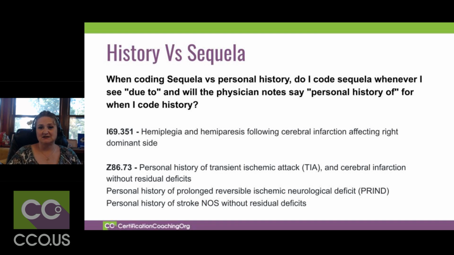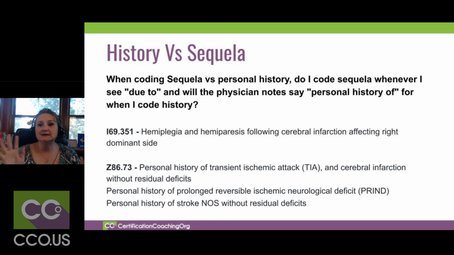And one of the late effects that's common is to have hemiplegia or hemiparesis, meaning one side, hemi or half of the body, is paralyzed or weakened, because the side that the bleed is on, or the lack of oxygen, affects the opposite side of the body. So if you have a bleed or a stroke on the right side, the left side will be affected and vice versa if you're going to have that type of paralysis.